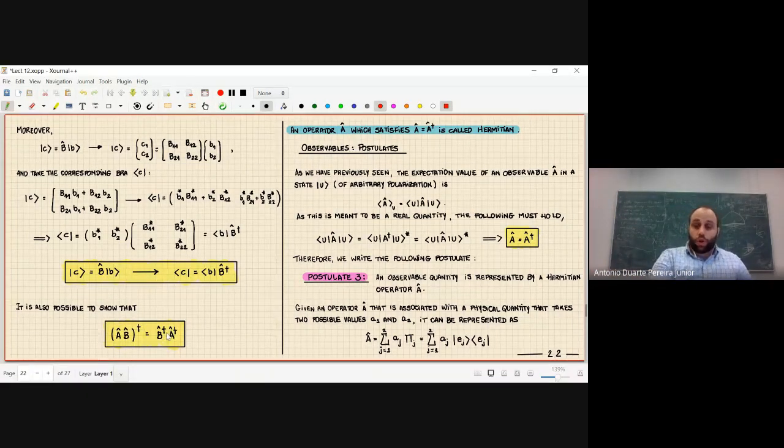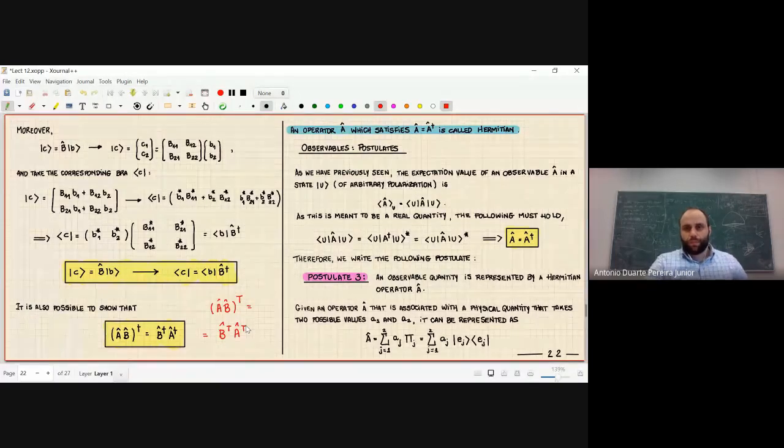And you can show that the Hermitian conjugate of the product of two matrices is, you have to invert the order, you have to write B A and take the Hermitian conjugate of each matrix. It's like the transpose, right? If I have a matrix A and a matrix B, and I want to take the transpose, this is equal to B transpose and A transpose. You need to invert the order and take the transpose. Okay?